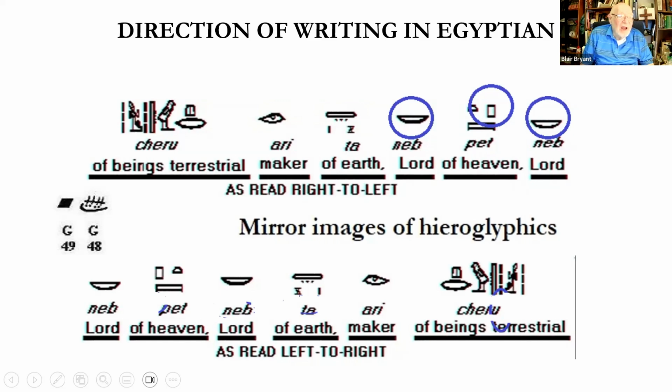And the little loaf that's to the left here, that little loaf is to the right here without the circle around it. That little loaf is a T sound. And so that is pronounced left to right, pet, right to left, pet.